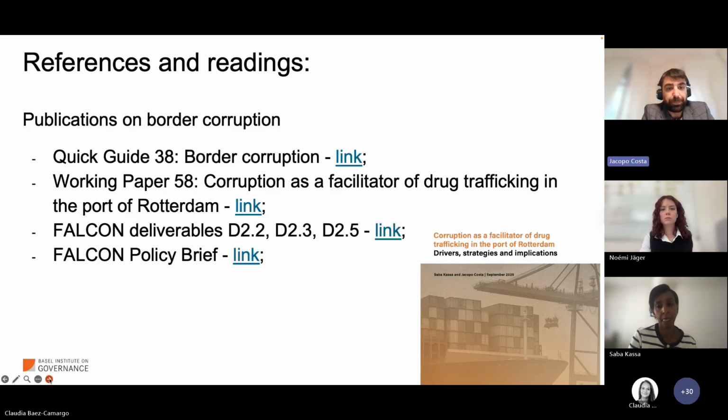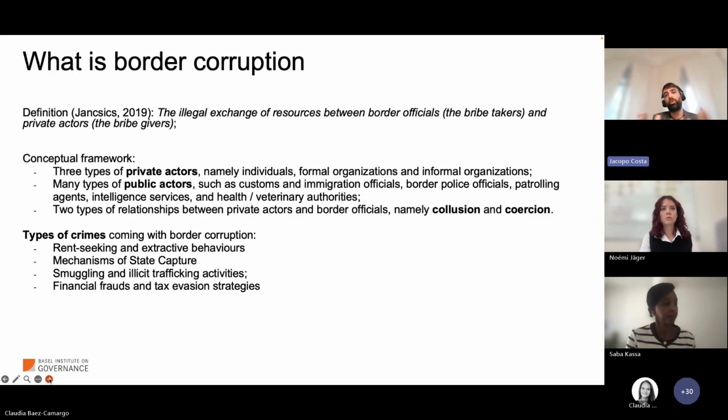I would like to wrap up and summarize a little of what we have published already, giving you some indication of what border corruption is. We have a clear definition of what border corruption is, and David Young is the author of this definition.